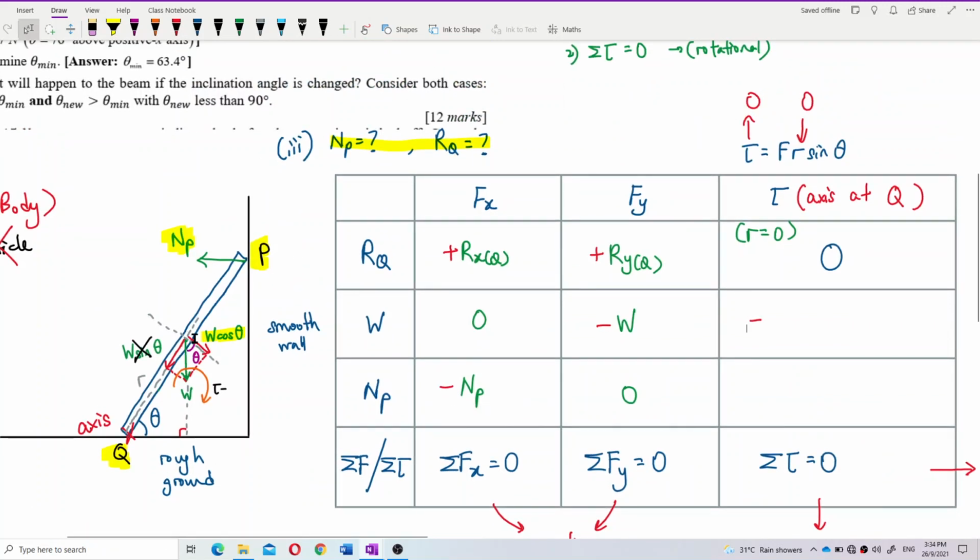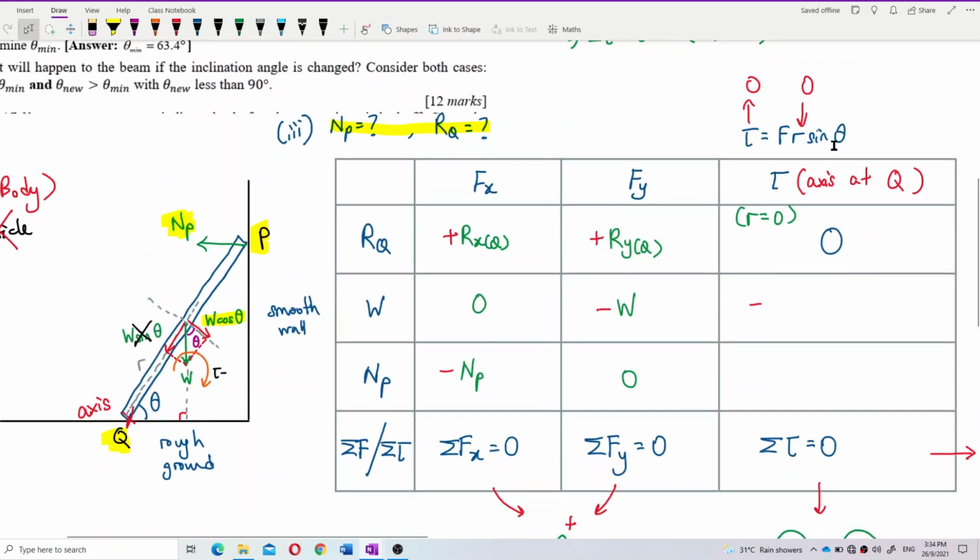What's the force? We don't use F sine theta. For this case, because the theta is not in between the force and the distance, we use the perpendicular component, which is W cos theta. The W sine theta has no function at all. The perpendicular component W cos theta makes it rotate in the clockwise direction.